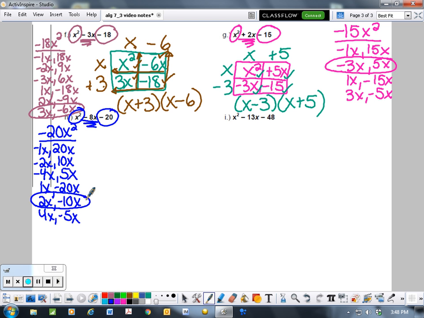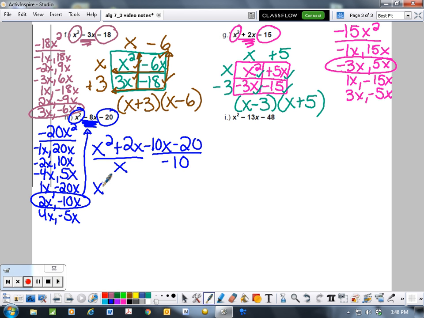So now I'm going to put all the circled terms there. So x squared, I replace this with a positive 2x and a negative 10x, and then the negative 20. So again, replacing this with these two. Those go right there. I find my common factor, x, common factor, negative 10. So this is x times x plus 2.